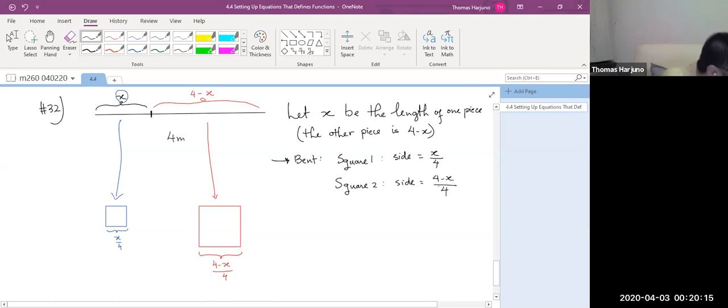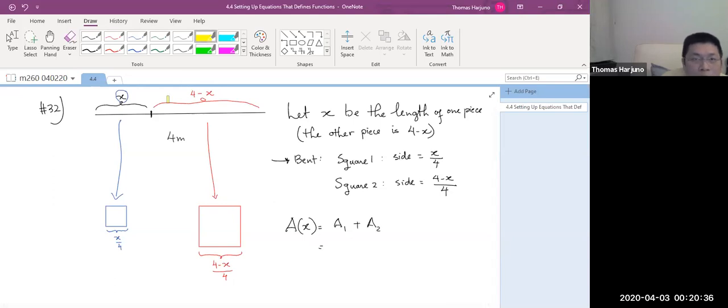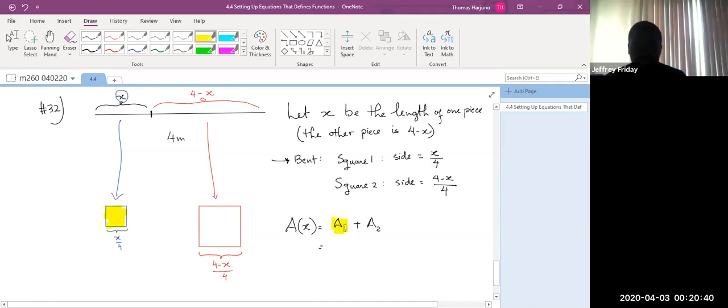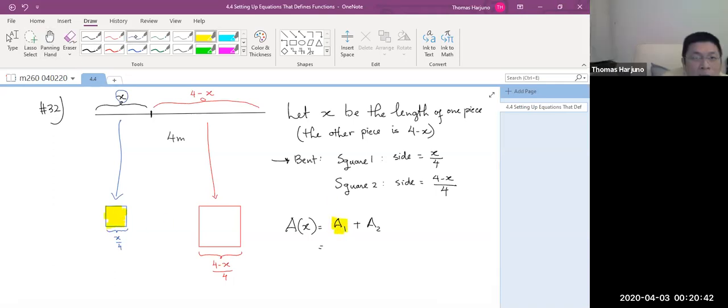Now then, express the combined area of two squares in terms of one variable. We already worked in one variable x. So the combined area is the area of the first one plus the area of the second one. What is the area of the first one? X squared over 16, that's right.